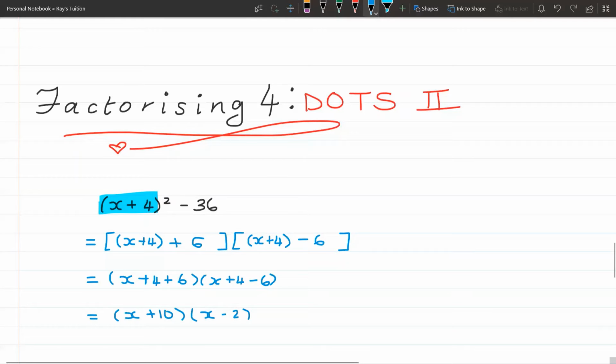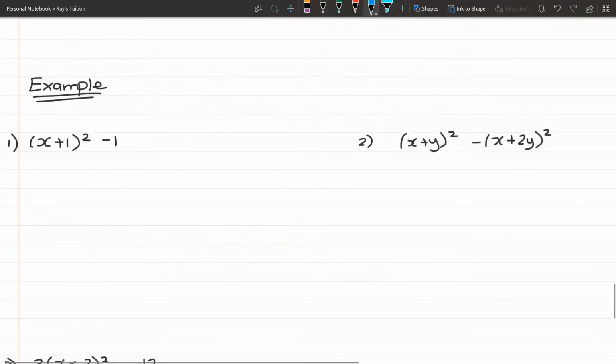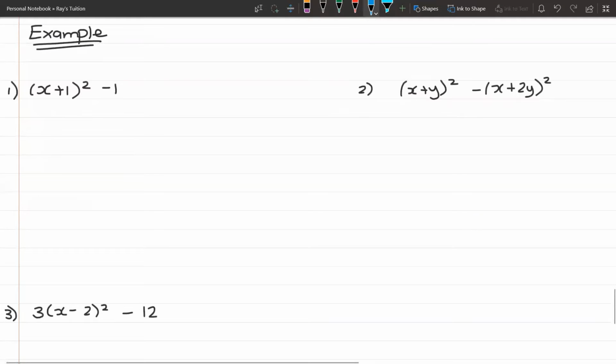Okay, so then let us have a look at some examples. Please pause the video now and attempt them by yourself before we go through them together. Now, having a look at the first one, again, we can see this whole term is squared, so we're going to use the method. First of all, we're going to put square brackets instead of round brackets, just because we already use round brackets.